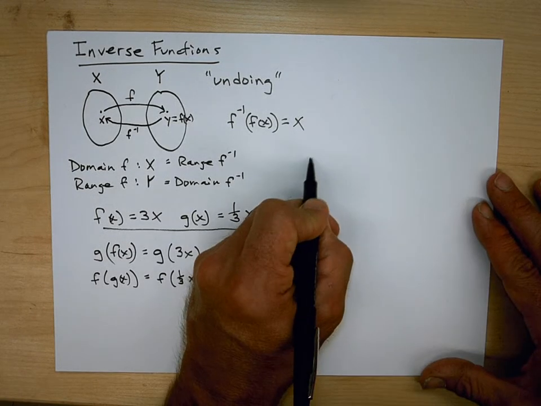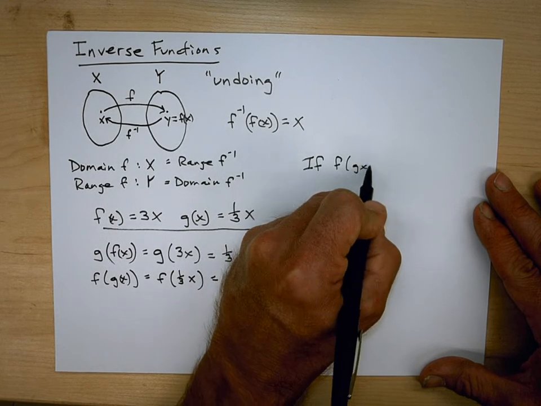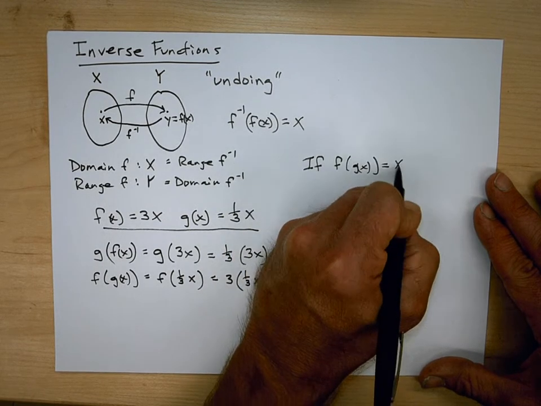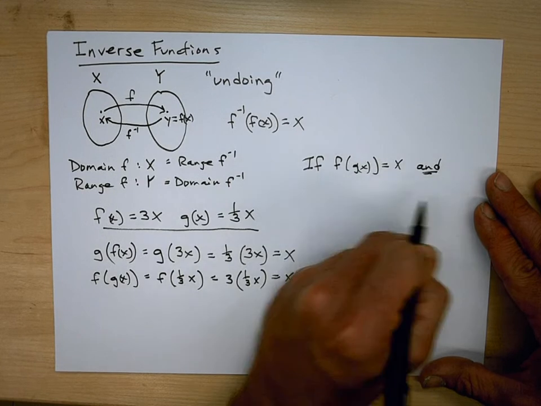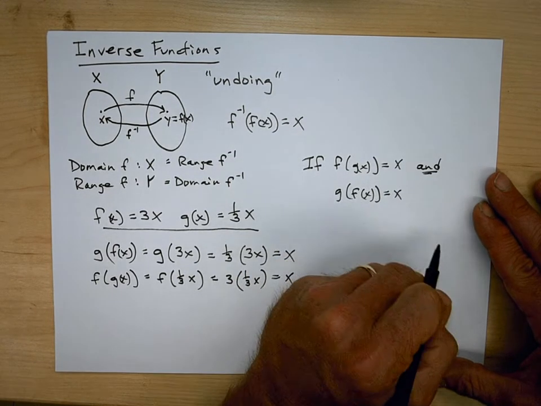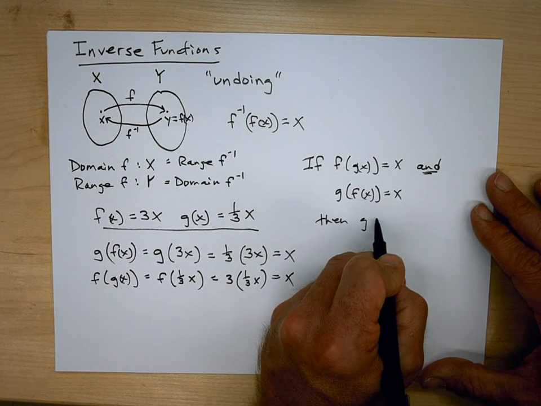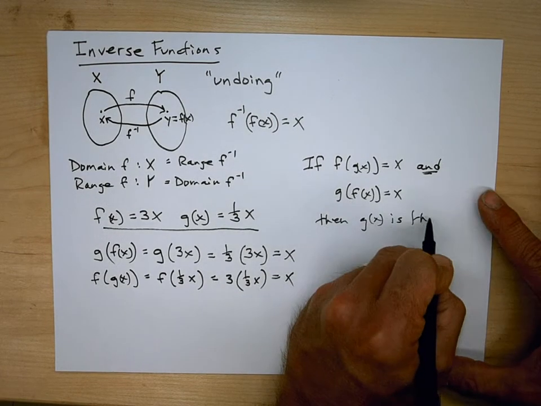So we have a general statement. We can say that if f of g of x equals x, and g of f of x equals x, then g is the inverse of f.